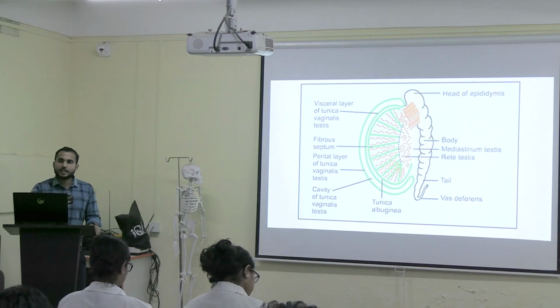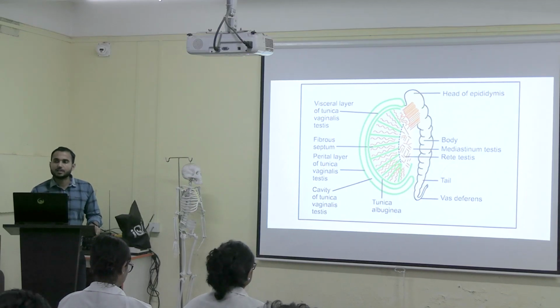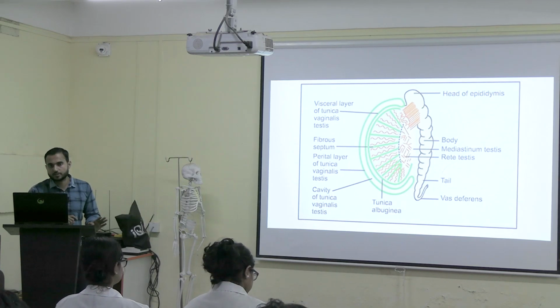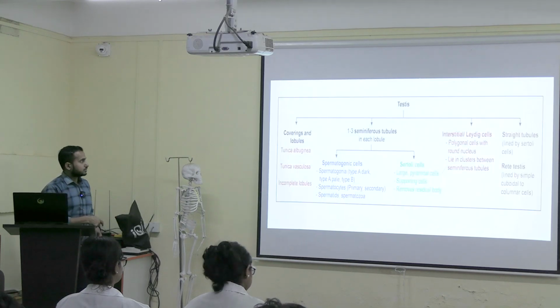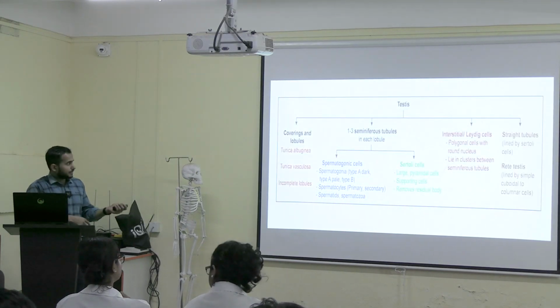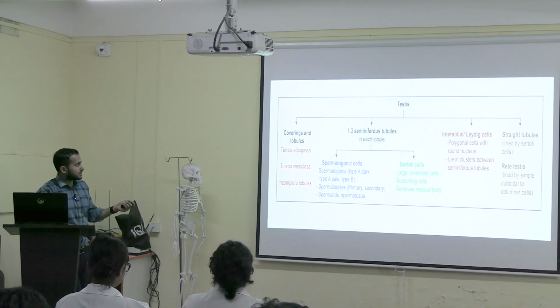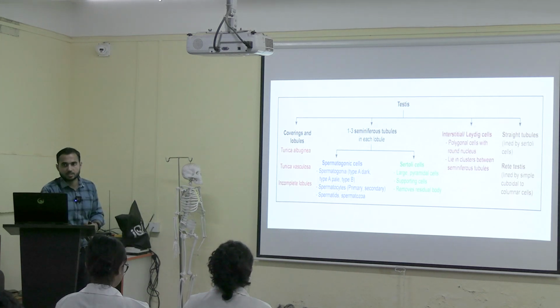Next, if you have to write about the microscopic structure, you have to focus on the seminiferous tubules. In the coverings, these are the two layers present. I am not including the tunica vaginalis over here.